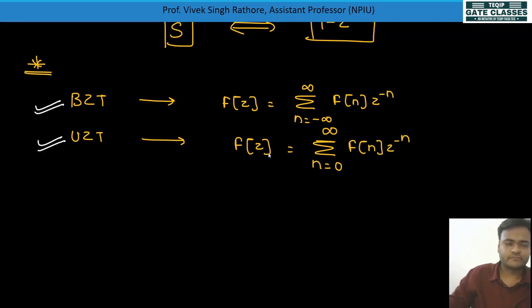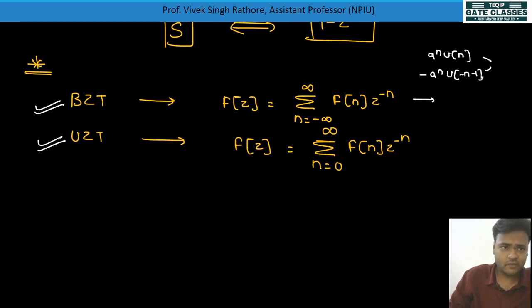As we have seen in the Laplace transform, the same thing applies here. We can have a to the power n u of n, and minus a to the power n u of minus n minus 1, which will have the same Z expression, differentiated only by their ROC.